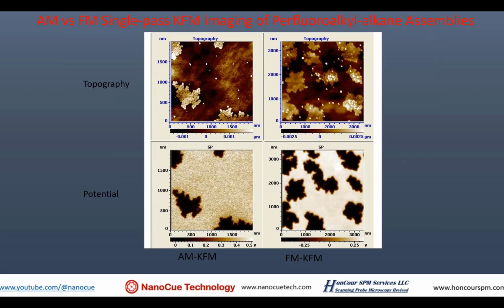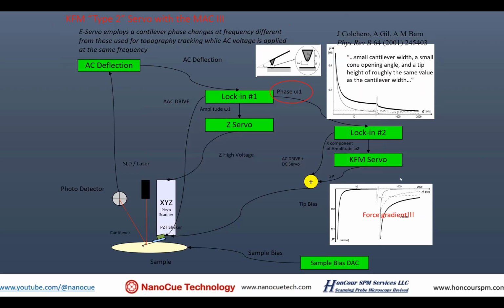One comment to Jason and also another audience member, Heidi. These advanced imaging modes are actually part of the hardware of what we call the AC3 box, Max 3 or AC3. These AC3 boxes actually have 1, 2, 3 lock-in amplifiers.